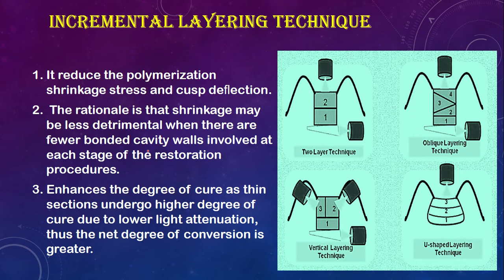So more of the area remains unbonded to relieve the shrinkage stress development. It also enhances the degree of cure, as only a thin section can undergo a high degree of cure due to lower light attenuation, and thus the net degree of conversion is greater in the incremental layering technique.